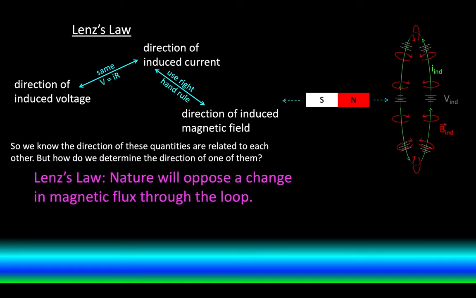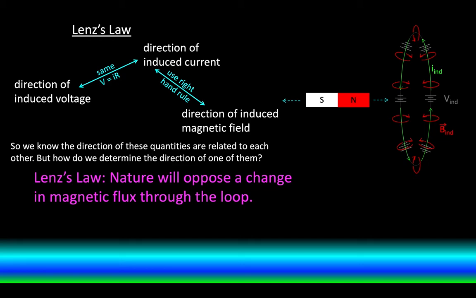The rule we use for determining the direction for these quantities is through Lenz's law. And Lenz's law says basically that nature will oppose a change in magnetic flux through my loop. Now, Lenz's law is often stated in a longer form, in more words, but this is basically what Lenz's law boils down to.